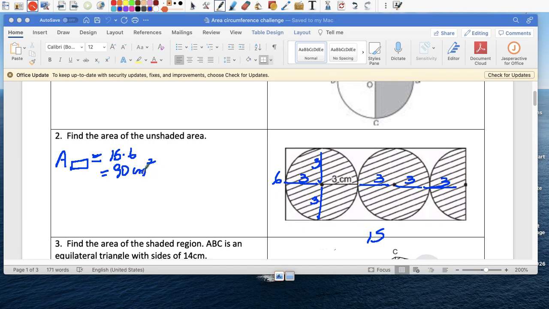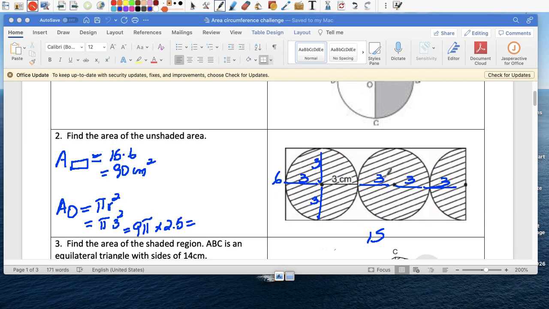Right. So the area of the circle is pi r squared. So it's pi, and what's the radius? The radius is 3, so 3 squared is 9. So it ends up giving us 9 pi. And I'm going to multiply that by 2.5, because it's 2.5 circles.